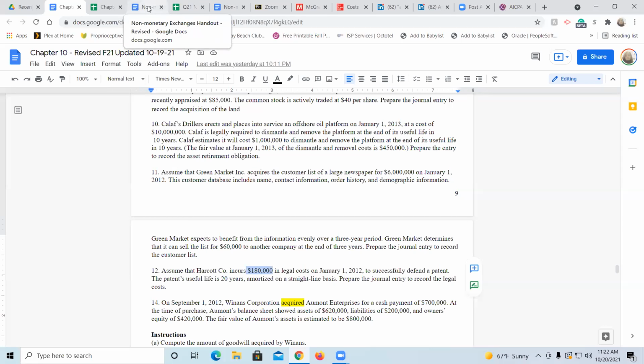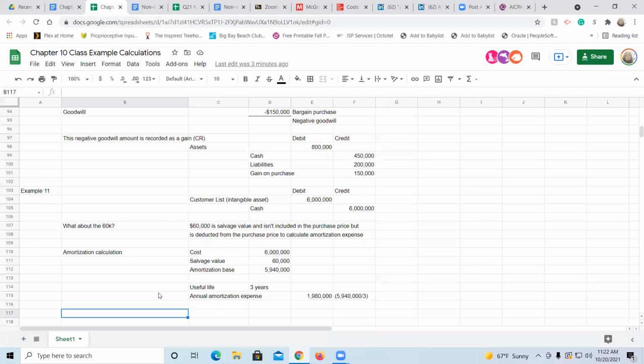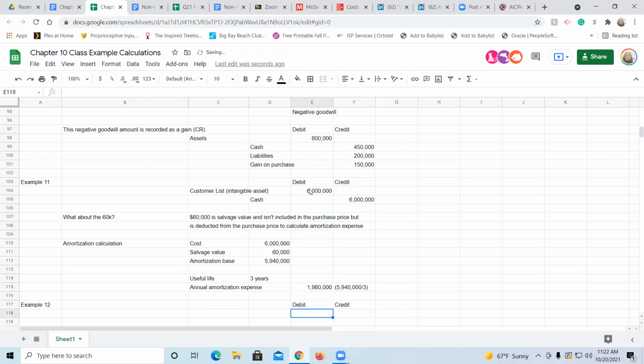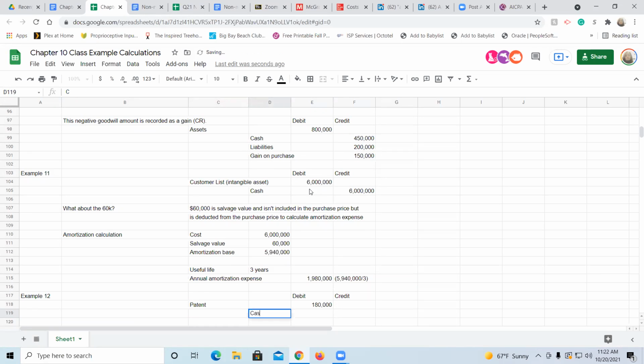All right, so let's go in here and do example 12. You already know the answer. We're just going to debit the patent and credit cash. So the journal entry in and of itself is not hard. What's hard is knowing that you are allowed to capitalize legal fees when you are defending your patent.